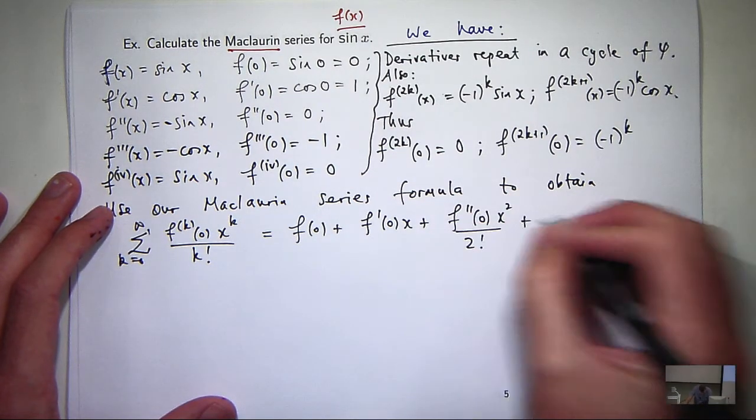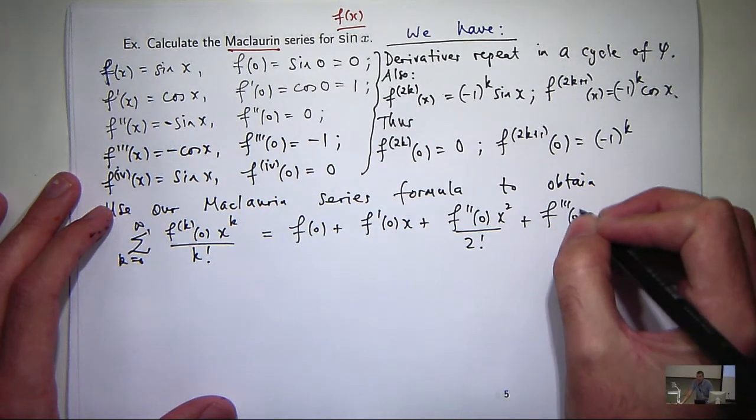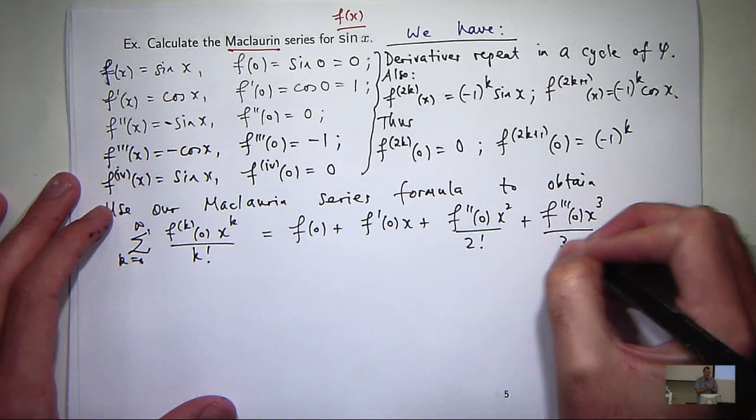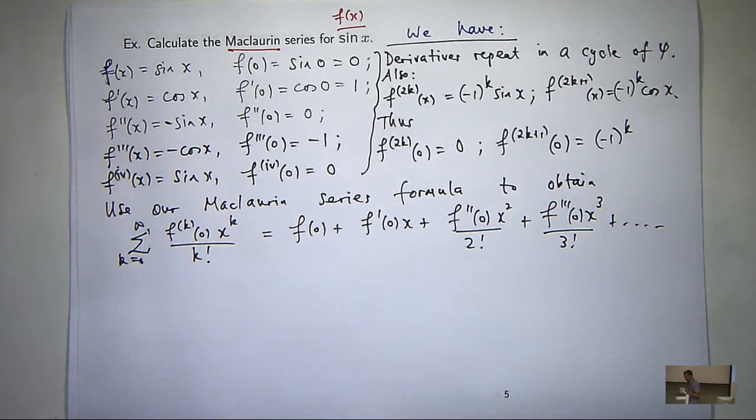So all I'm really going to do now is just write out, replace those terms with what I've calculated above. So if I look down this column, f of 0 is just 0, so that's going to be 0.